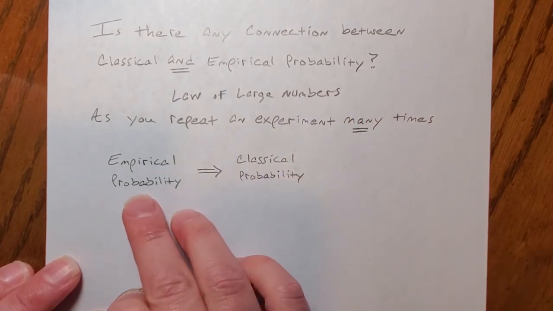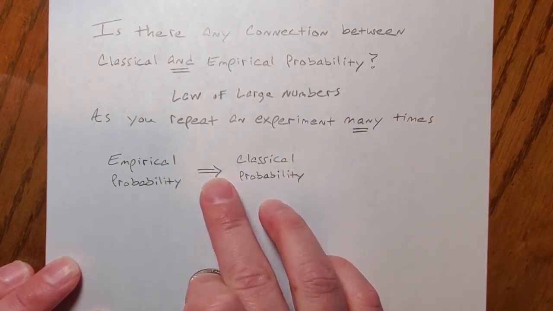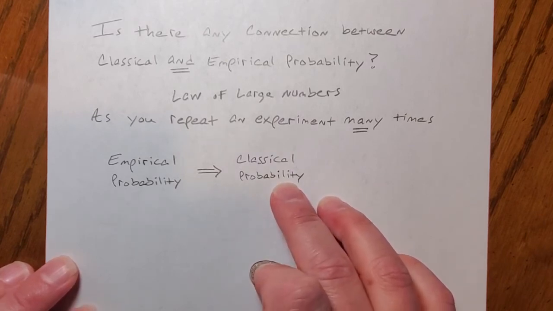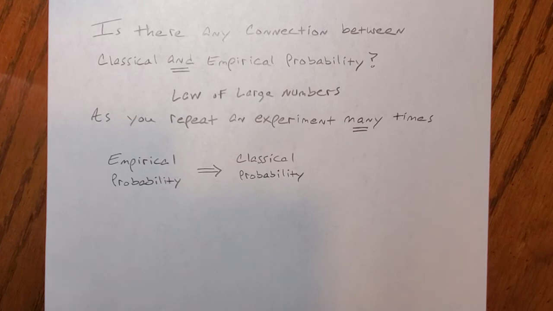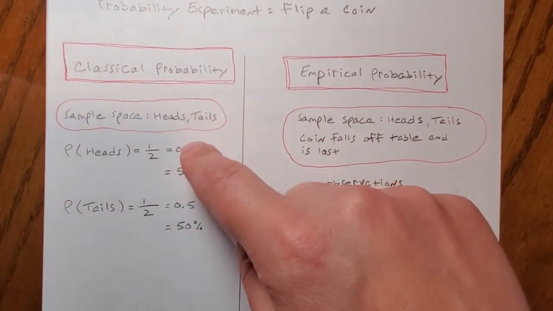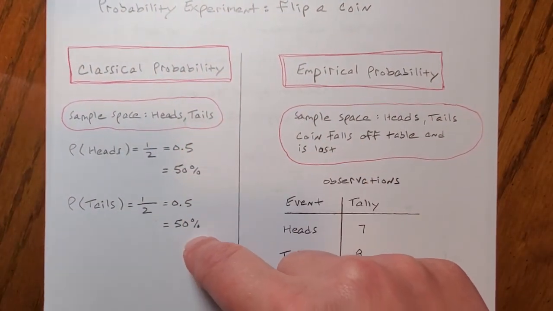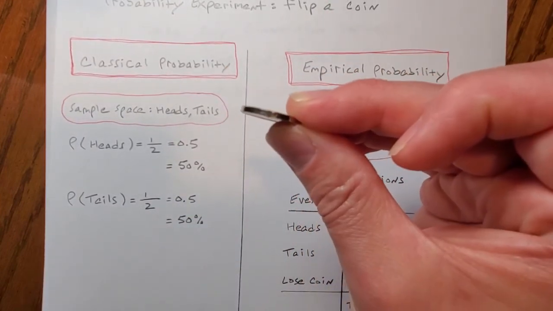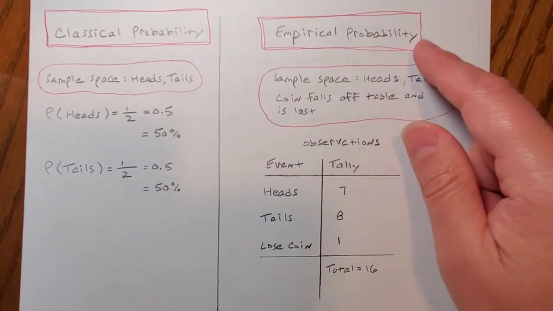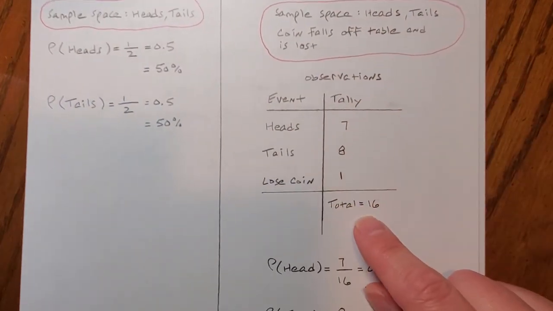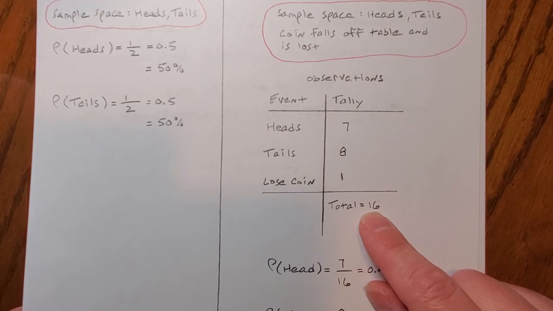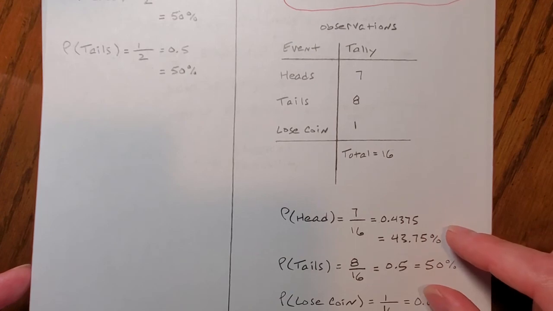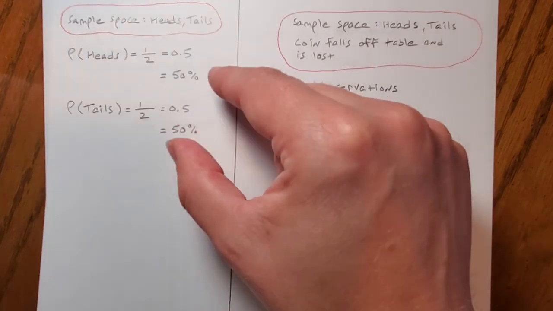The empirical probability that you calculate will approach or become equal to the classical probability. Whatever the correct classical probability is, if I was correct about this coin and it was a fair coin, then the more times I flipped it, say 20 times, say 50 times, as I do that more and more, these percentages will even out to be equal to those.